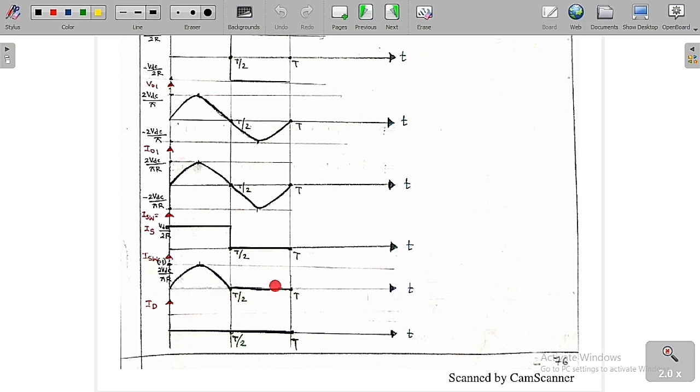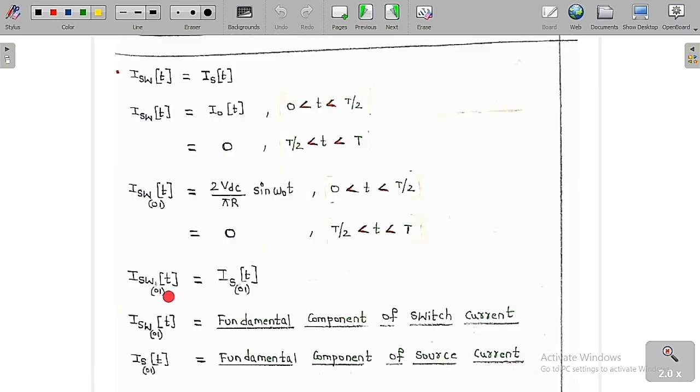So we have drawn the switch current and also its fundamental component. You can see clearly that the fundamental component of the switch current is equal to the fundamental component of the source current, because they are always equal.